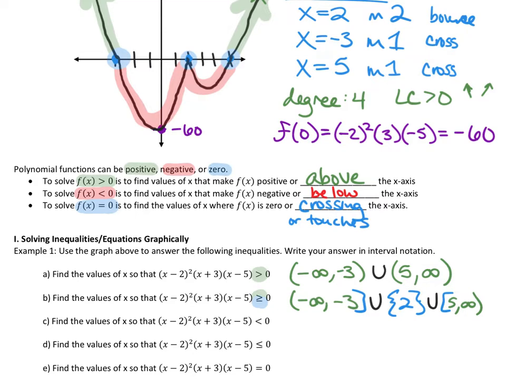So we can't forget about the individual points where it's equal to, even if they're not a part of a bigger interval. Does that make sense? So is it like basically just combining? Yeah. We're combining all three sections. There's 3 parts where this is either greater than or equal to. One of the parts just happens to be a single point.